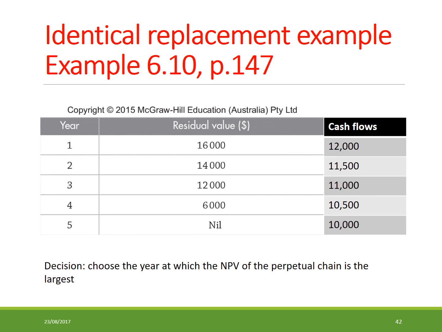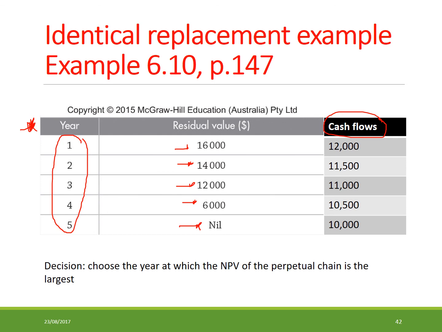So for example here, we're faced with a decision to choose when to replace our machine. Suppose that we have 5 years. Okay, so we can run the machine for 5 more years, right? This is the residual value of the machine at each of the years, right? So this machine will become worthless in year 5. These are the cash flows associated with each of the years.